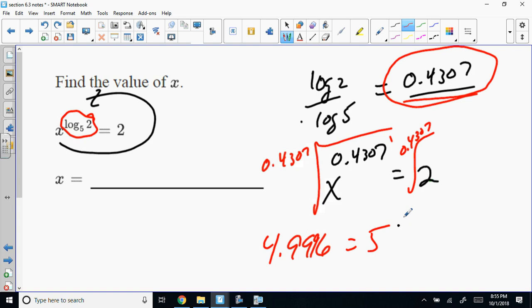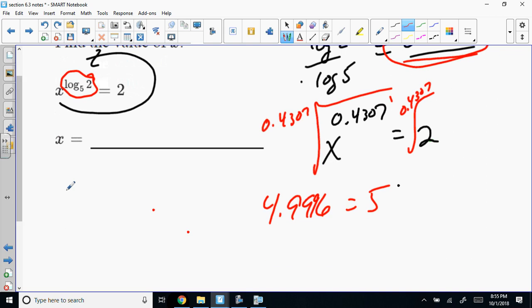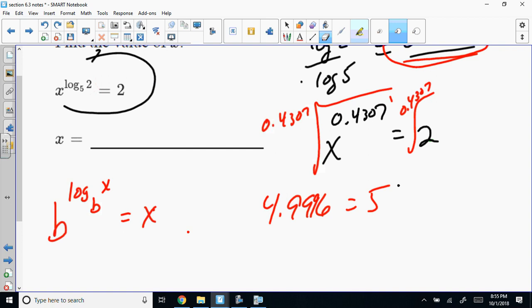Y'all see that? Properties of logarithms. So if here's my x's, and then here's my b's, it had to be 5. It's just a property, and it really ought not even be that.